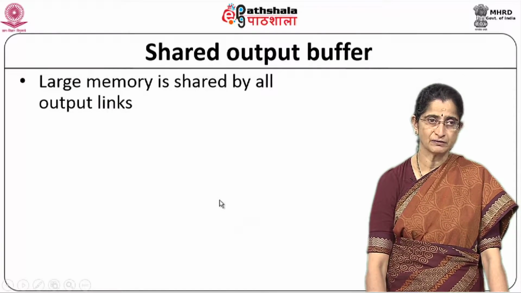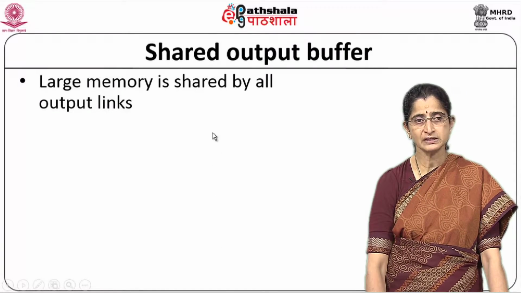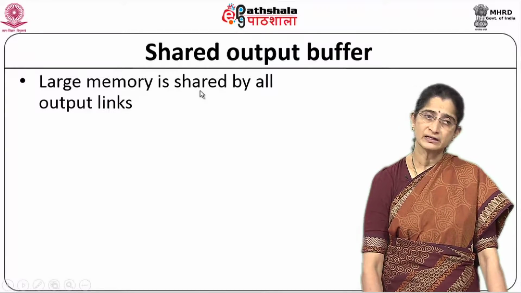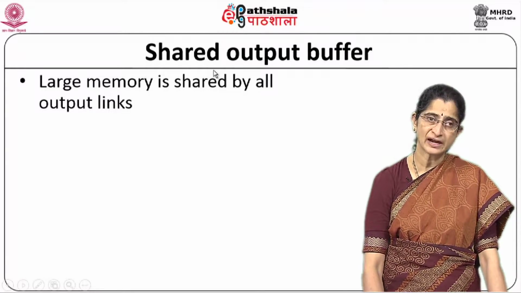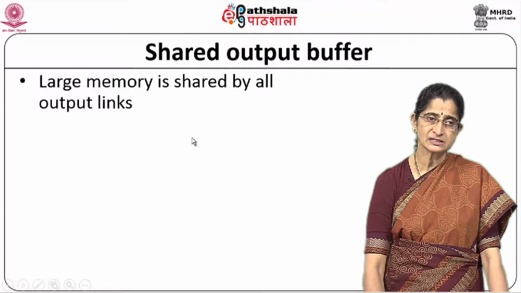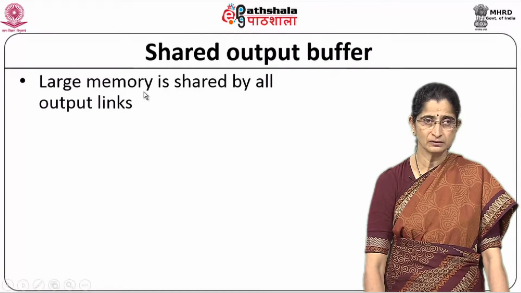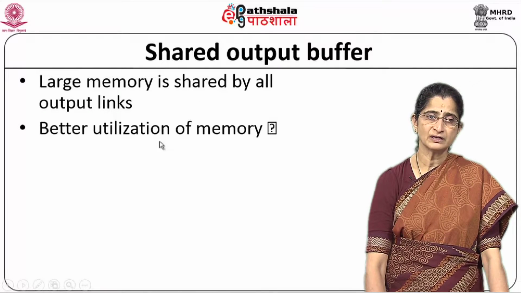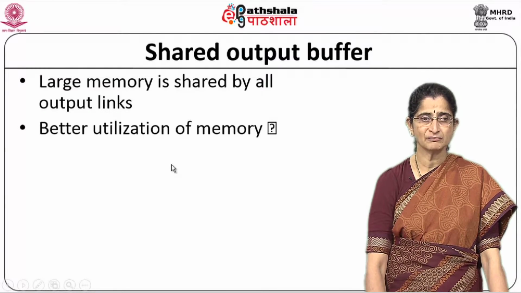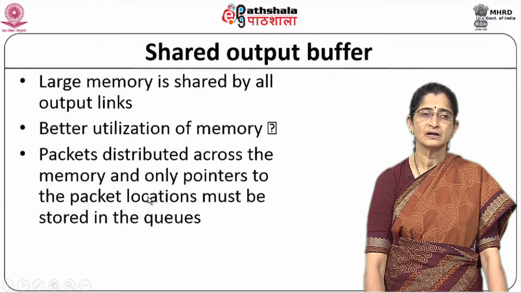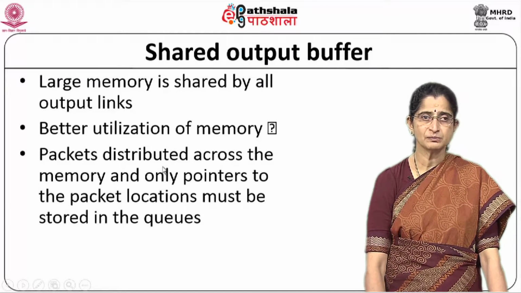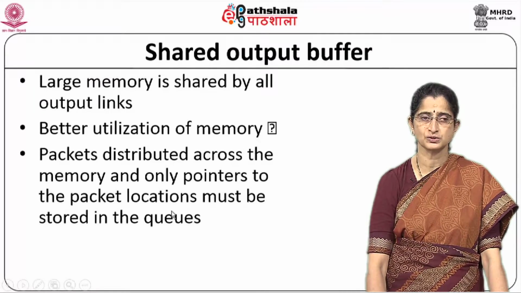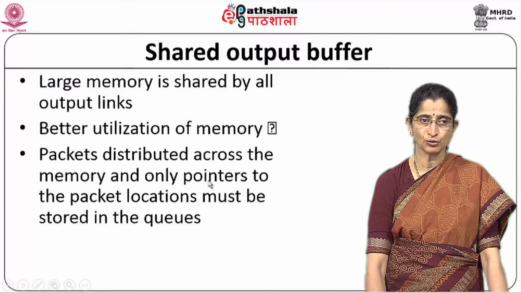Another option that we have when we talk about this kind of buffering: here we talked about a buffer that is maintained for each output. Another option is what is called the shared output buffer. In this case there is a common, large memory which is shared by all the output links. One of the advantages here is that you will have better utilization of memory, and the packets will be distributed across memory, and only the pointers to the packet locations must be stored in the queues, because in the queues you do not really need to store the data.